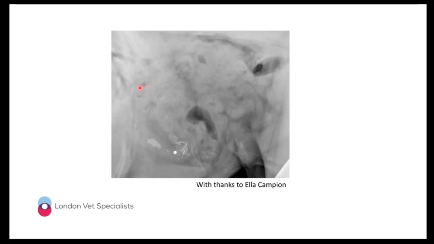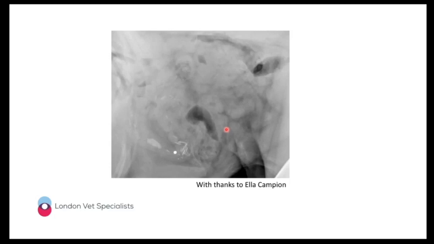So if you see discrete, clearly marginated, comma-shaped areas of luminal gas lucency, and you see bunching of the small bowel in the middle of the abdomen, then you need to be very suspicious that that patient might have a linear foreign body.